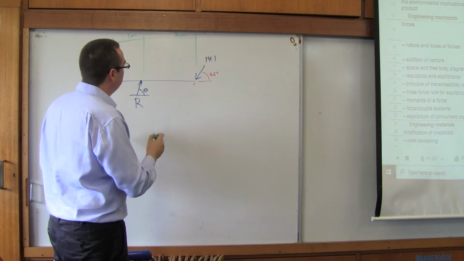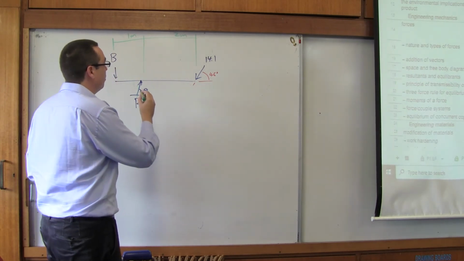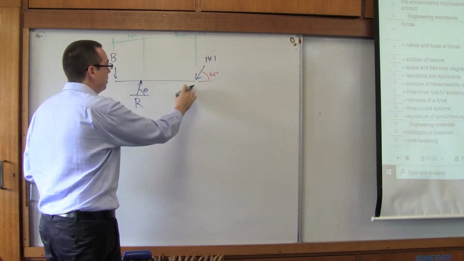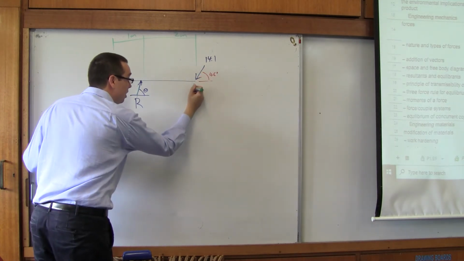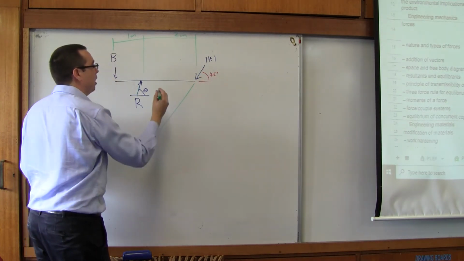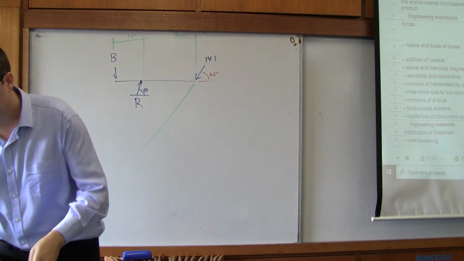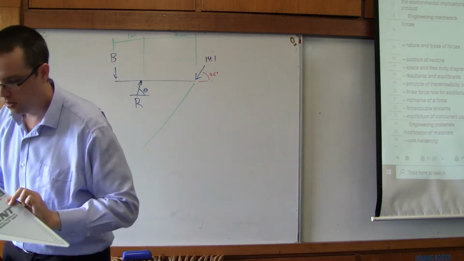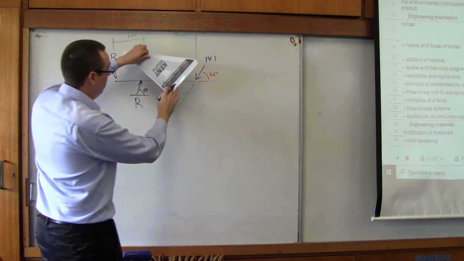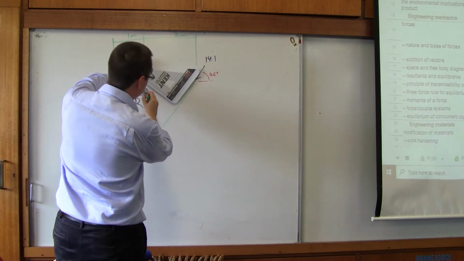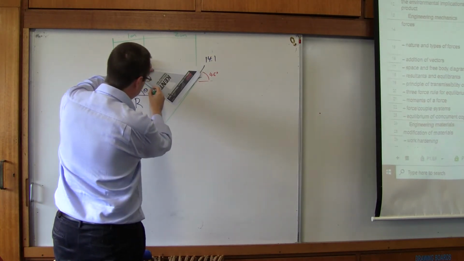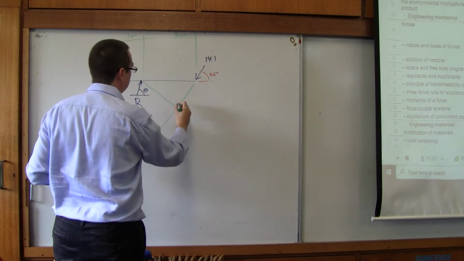I'm going to instead find this perpendicular distance. I'm going to extend this line forever, and then I'm going to take a set square, this plastic set square will do, until I've got a perpendicular distance.